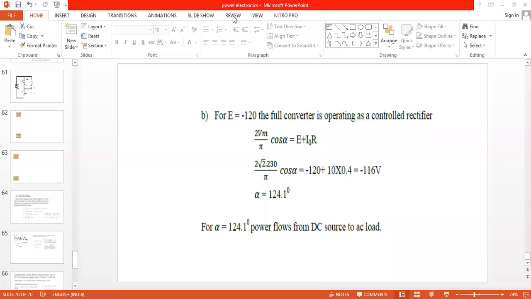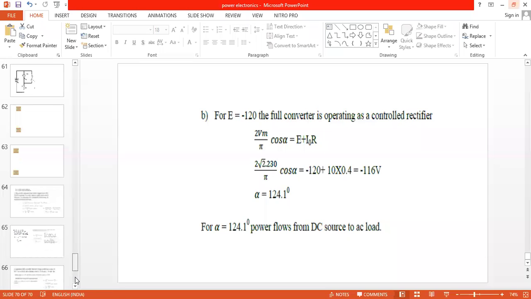Chat box, everybody has entered. Yes, any question from anyone regarding the problems? You can solve, I think. RLE load, RL load, and resistor load. Earlier we have done, right?